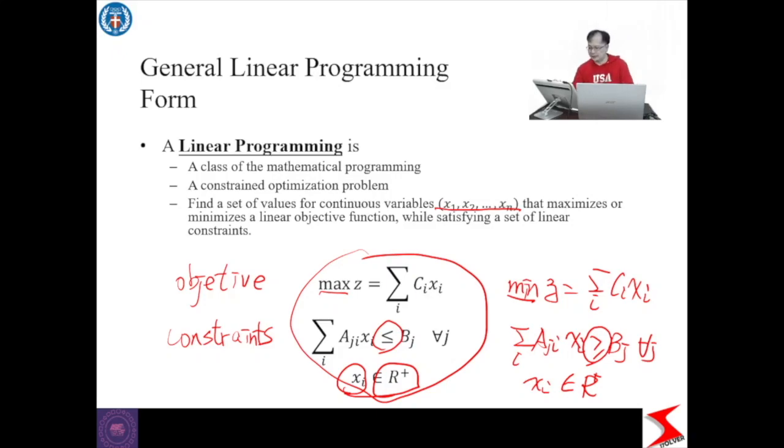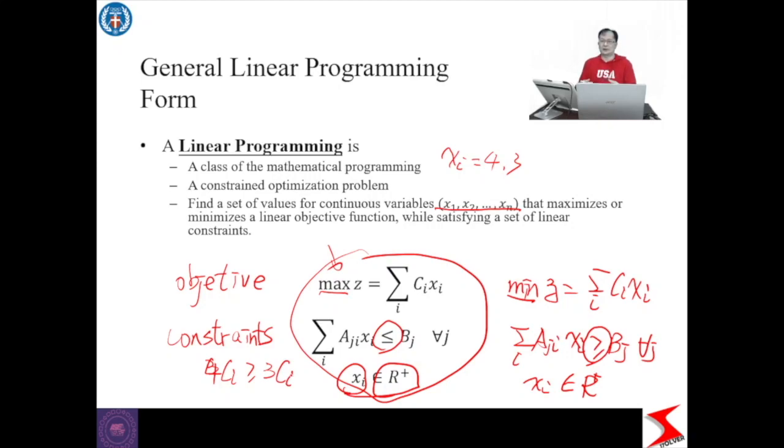You can think about it: if we have an xi value of 4 or 3, for a maximization problem, 4 ci is larger than 3 ci, right?